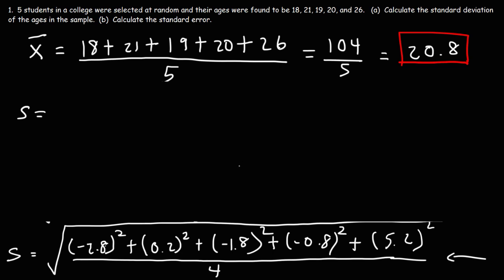The value that I got is 3.114. So that is the standard deviation of the sample of the 5 ages that we have in this problem. Now let's move on to part B.